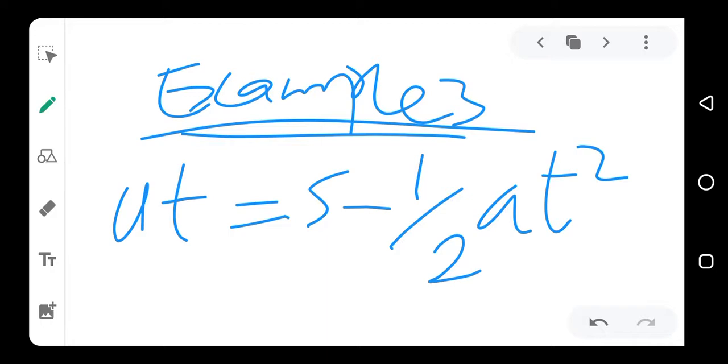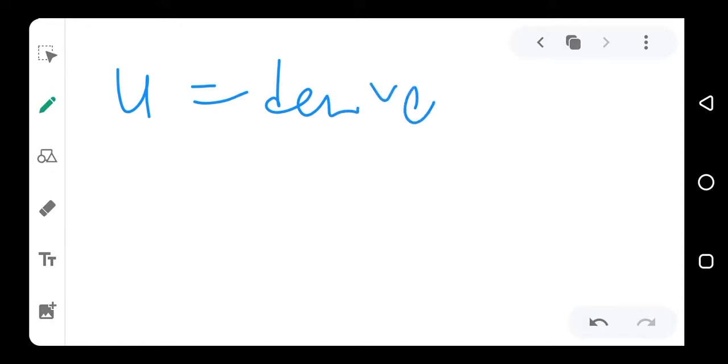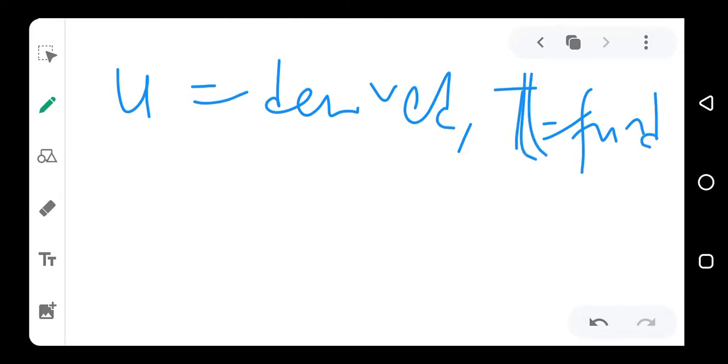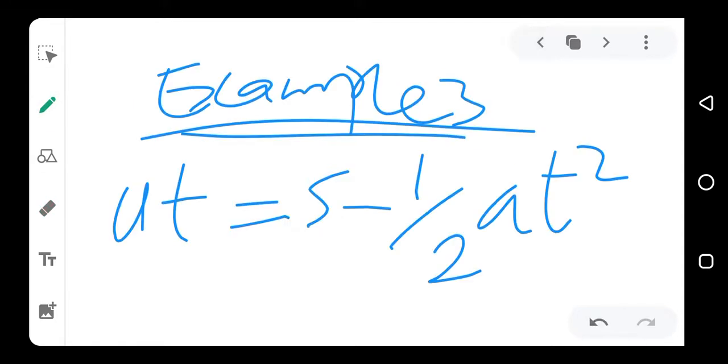U is a derived quantity, T is a fundamental quantity, which represents time. S is a fundamental quantity, that is for length.